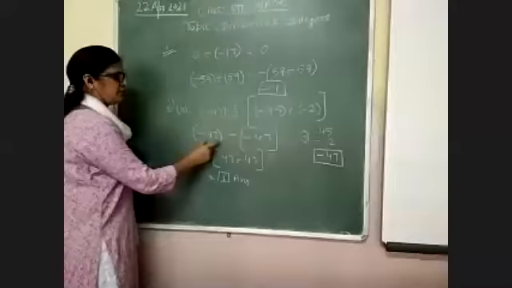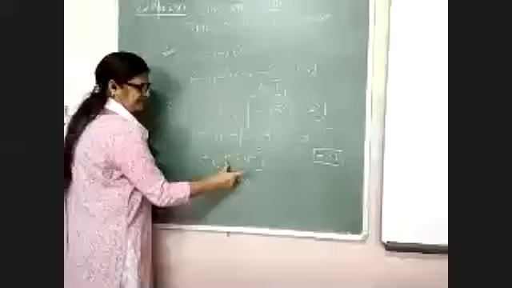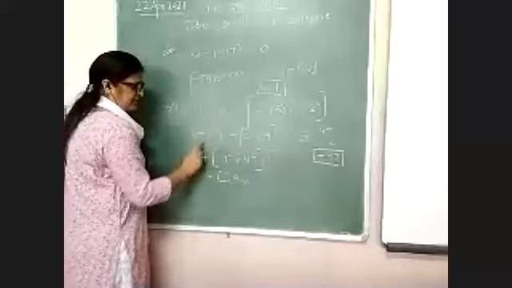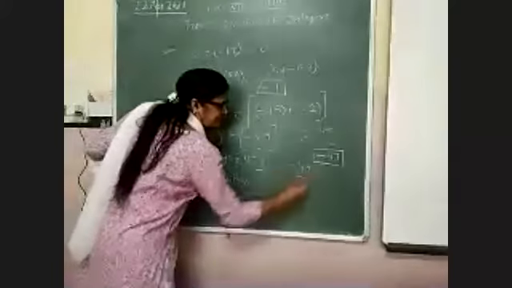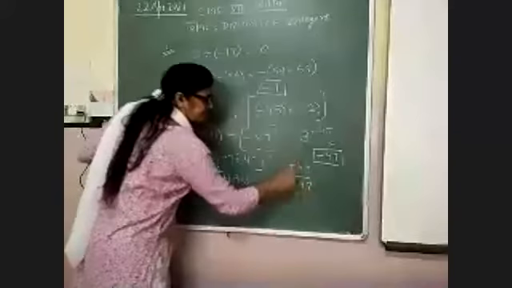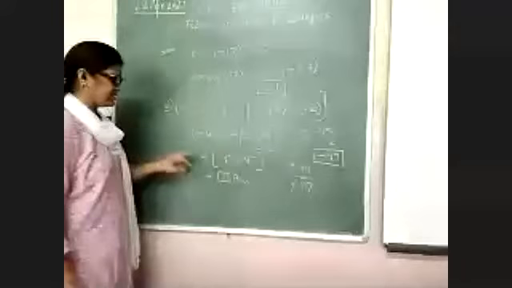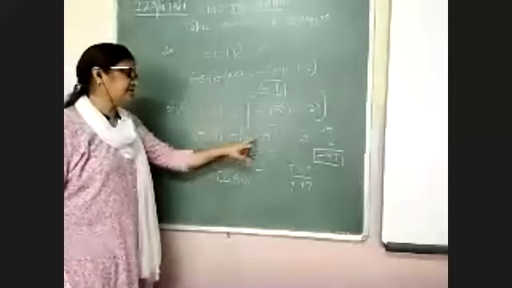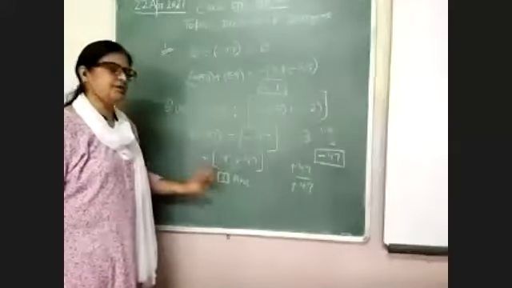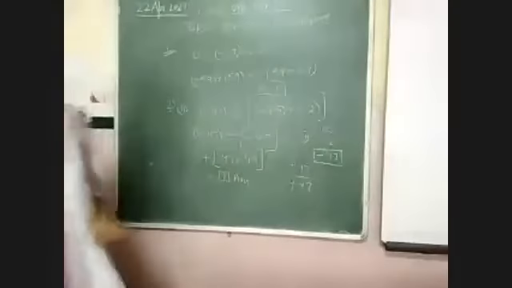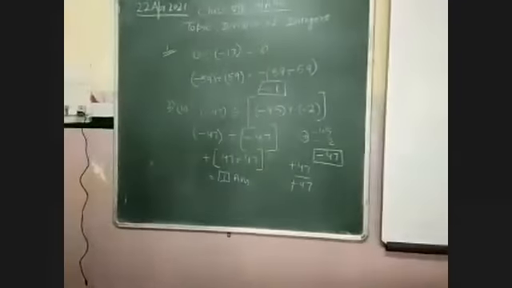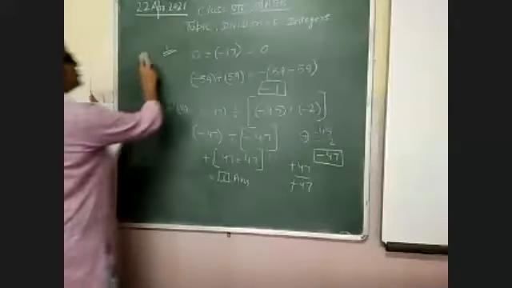So minus 47 divided by minus 47, minus cancels with minus, it becomes positive, and 47 divided by 47 becomes 1. Your answer is 1. Okay. Note down this question in your notebook also.